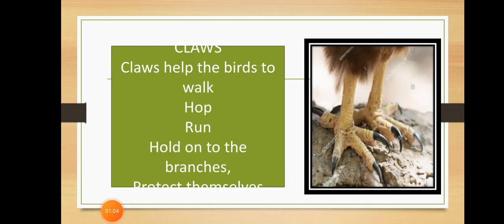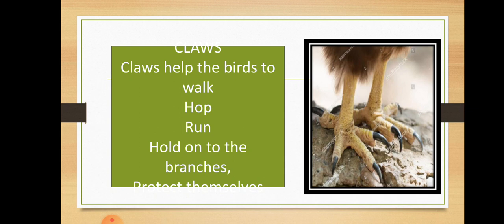Dear students, before going to discuss the concept of claws and varieties of claws, let us understand the use of these claws in the birds. Human beings have hands and legs for doing their work, for having their food, for protecting themselves.